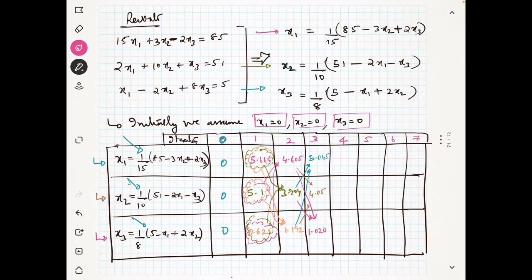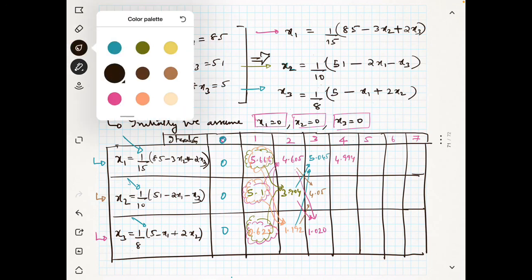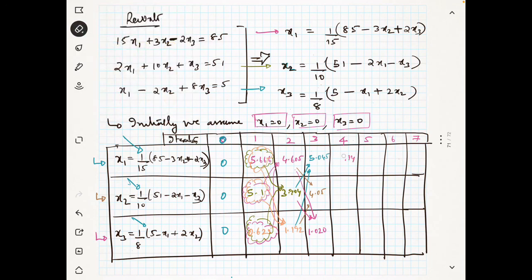So you have to proceed like this. So this is the idea. So you will use the previous iteration and proceed. So if you solve like this, you will get this answer next, 4.994. Okay, I will use black color. So you will get here in the fourth iteration 4.994, you will get here 3.99, and you will get here 1.003.